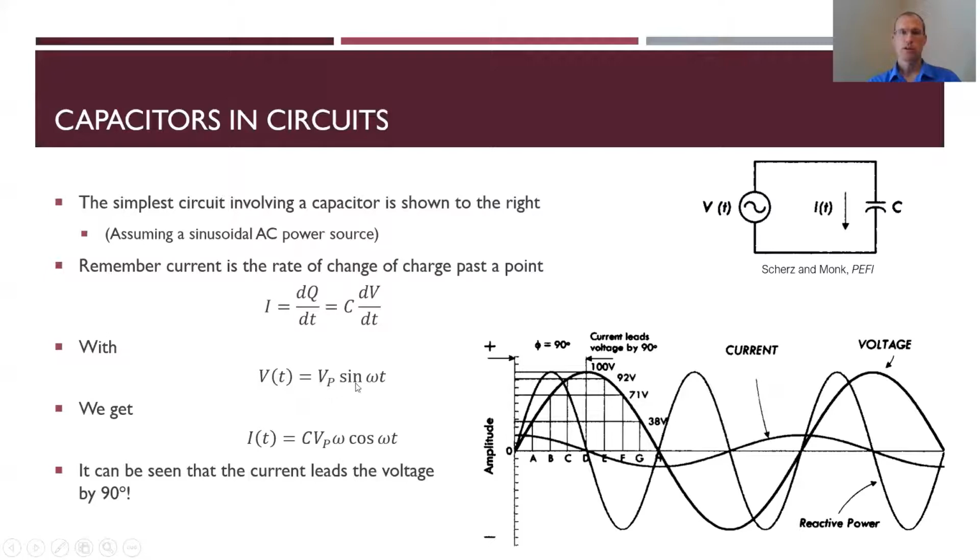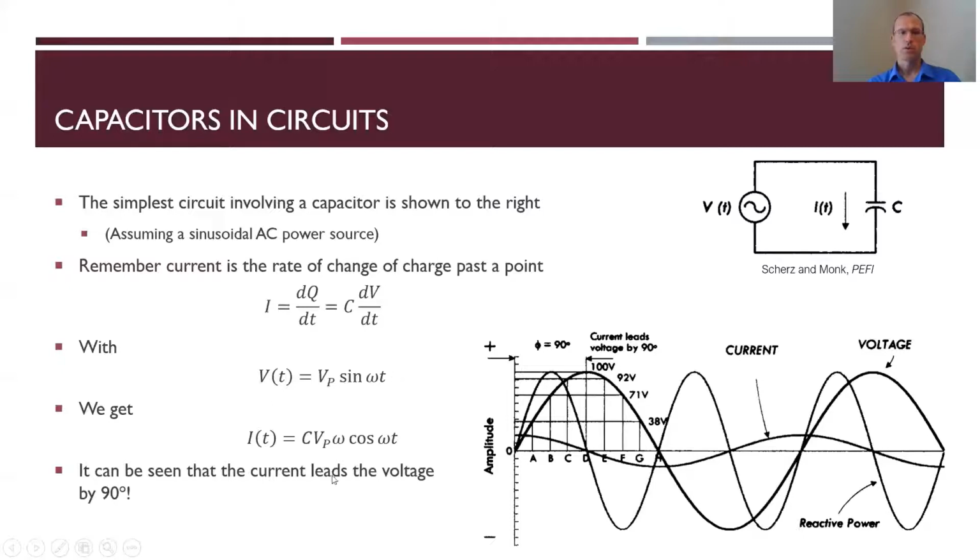And I know that my voltage source is a sinusoidal voltage source. So some peak voltage times the sine of omega t. That gives me the current as a derivative of that times C. So C times Vp times omega. Essentially my peak current will be the combination of those three things times the cosine, because cosine is the derivative of sine. So because of that, cosine is out of phase with sine by 90 degrees.